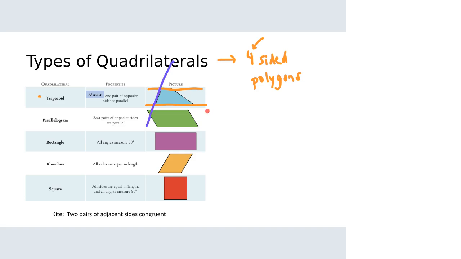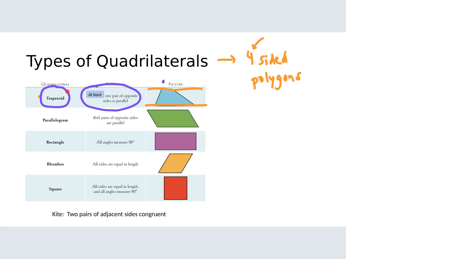The left and right here are opposite each other, but those are not parallel. So I don't have both pairs of opposite sides parallel, but I don't need both. I only need at least one pair of opposite sides to be parallel to be a trapezoid. Top and bottom are parallel, so we can call that a trapezoid.